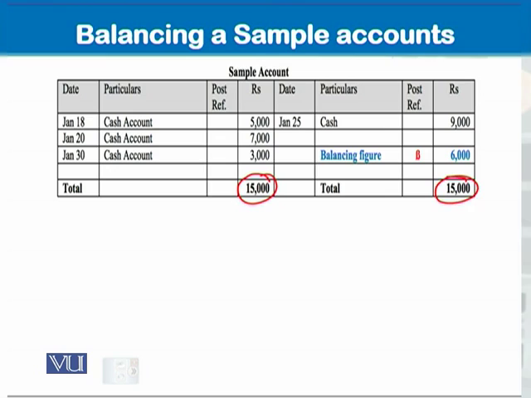But remember that the postings appearing in black color on the left hand side are equal to 15,000, but on the right hand side, or credit side, it is not 15,000, it is in fact 9,000. So the amount which is balancing these two sides is 6,000.